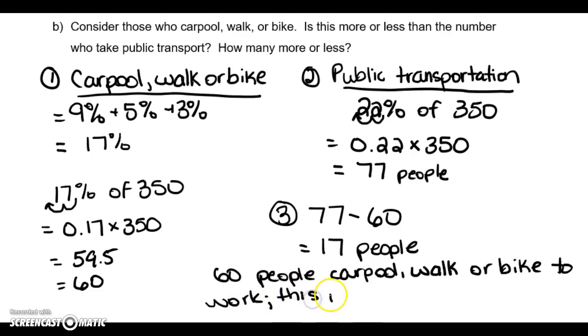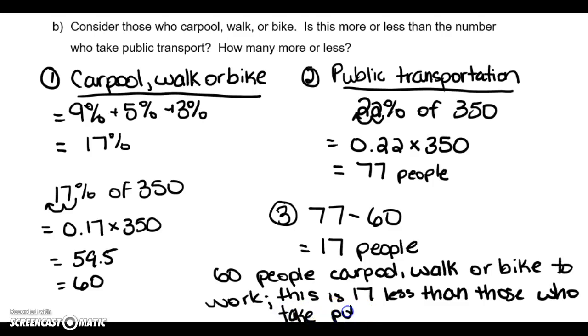And then we could say this is 17 less than those who take public transportation. So as soon as you've answered that with a sentence, you guys are all good to go.